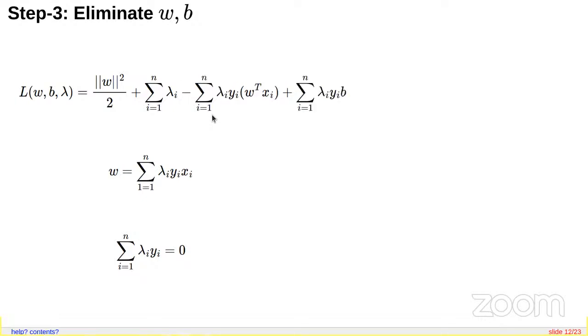First thing that I'm doing is I'm focusing on this sum. We are writing this down as 3 sums, right? So sigma lambda i W transpose xi, and something like this. There are 3 terms here, and we are just expressing it as 3 sums.